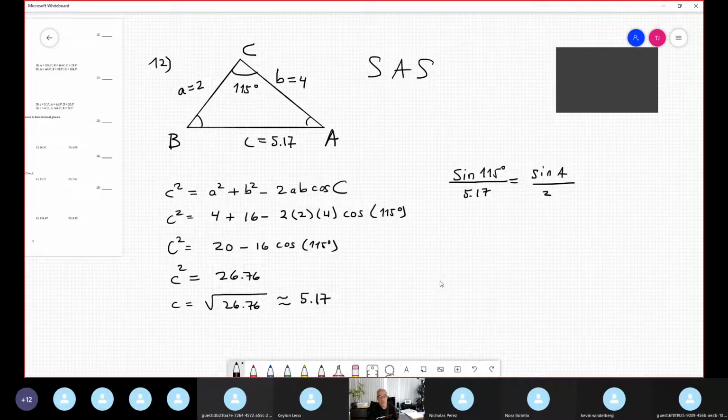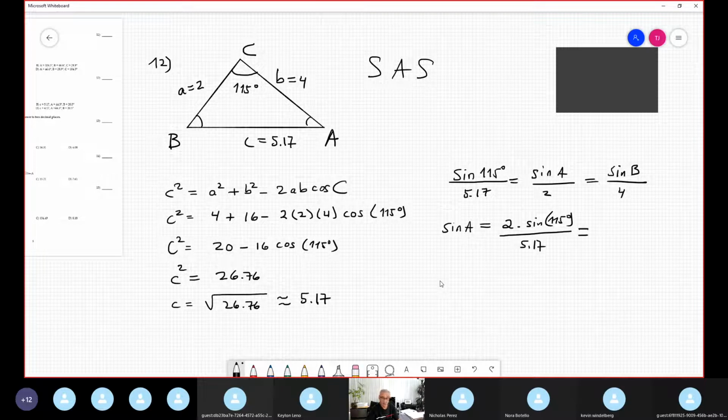Or you can use sine of B divided by 4. But in my paper using A. The sine of A, cross multiply, is equal to 2 times sine 115 degrees divided by 5.17. And the answer is 0.35.